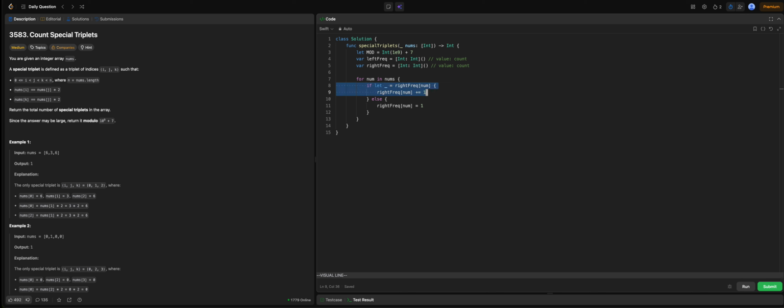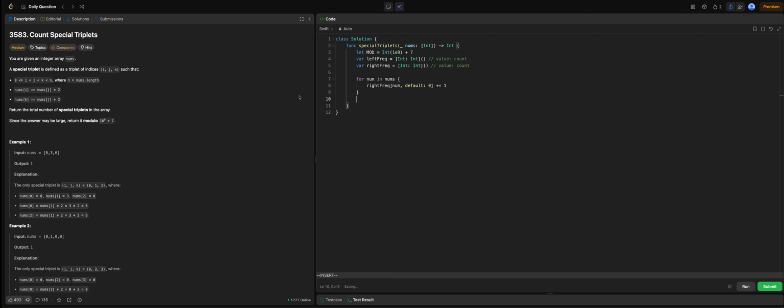But I have a much shorter version for this. We can simply write right frequent of num, with the default being 0, then plus 1, which is exactly the same as the code I wrote above.